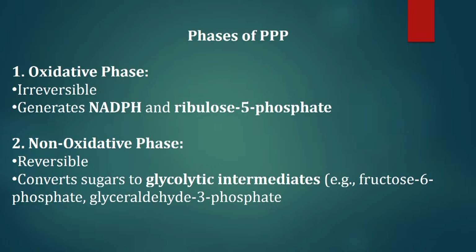But in the oxidative phase, it produces the NADPH molecule and ribose 5 phosphate, and the reactions of the oxidative phase are irreversible. That is how you can distinguish between these two phases.